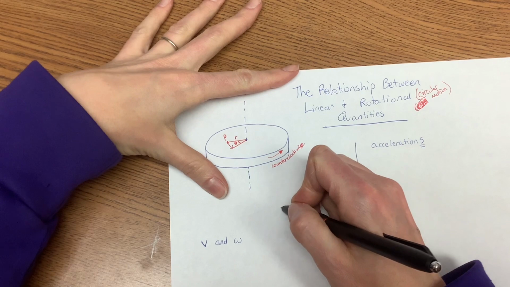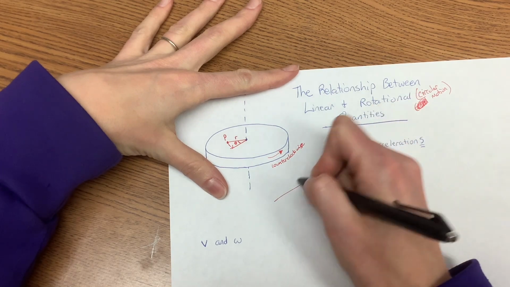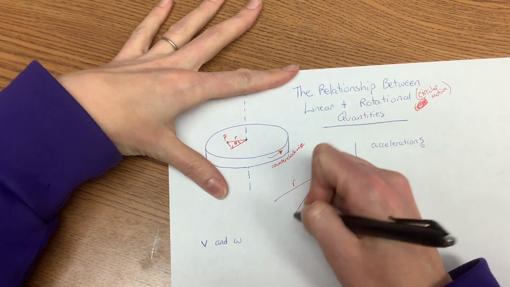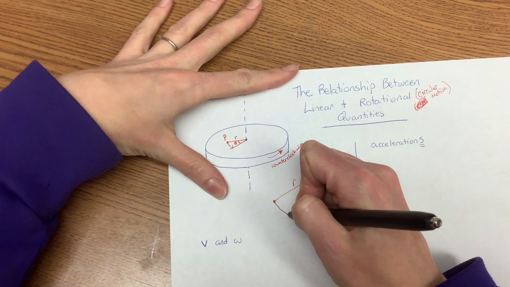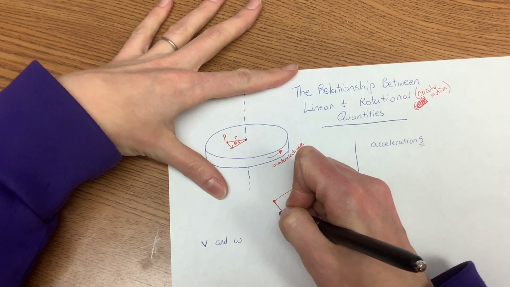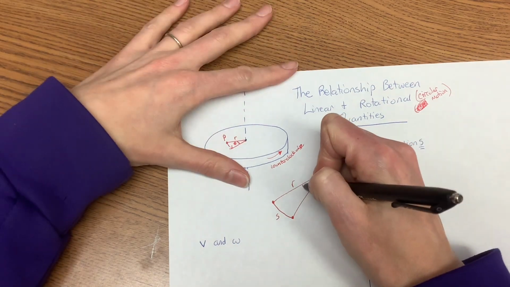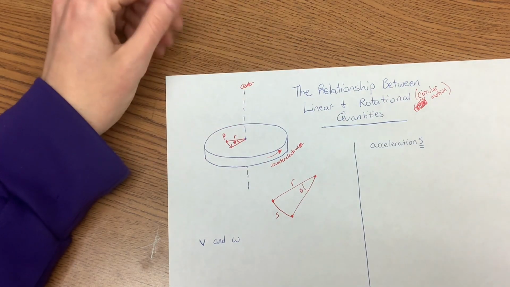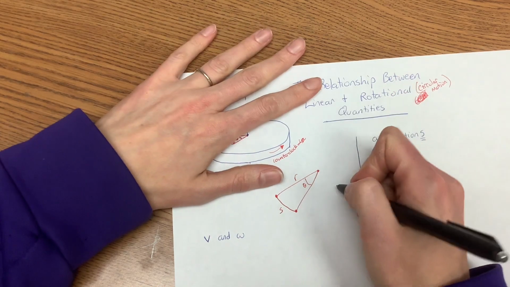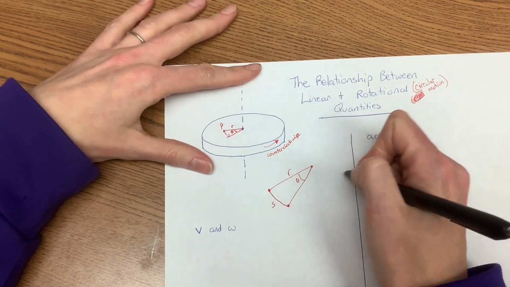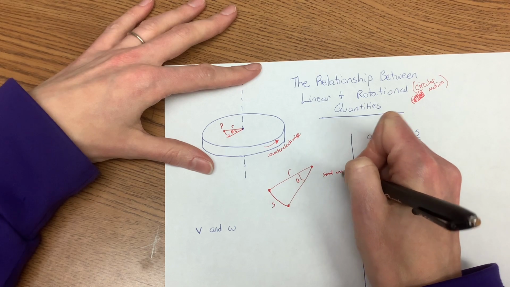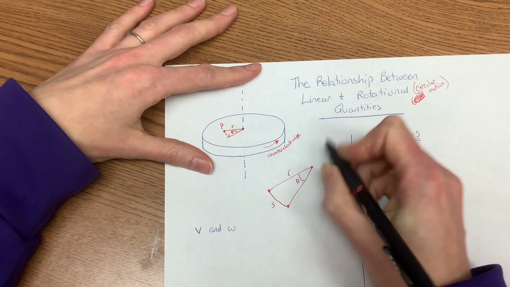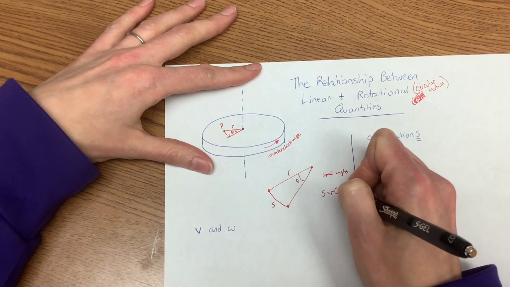So let me bring out this thing that it's moving on. So it started here, and it ended here, and it followed this path here. So let's call this length S, and this theta right here. If the angles are small, and we talked about this when we were talking about circular motion, then S equals R theta.